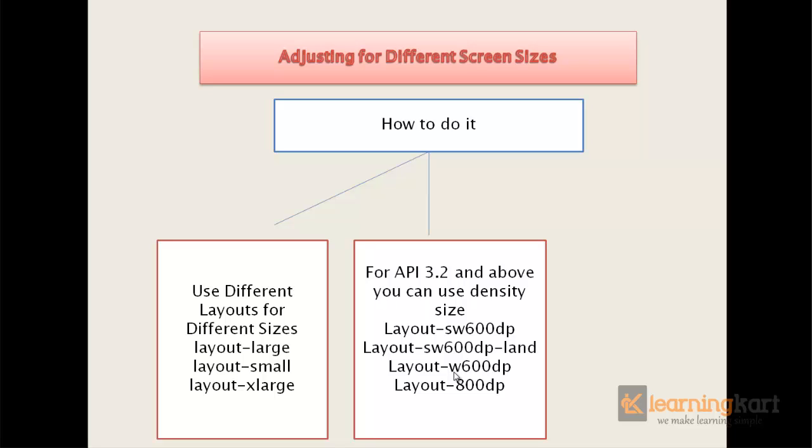Now in case it is portrait, it will show up similar to shortest width, but if the mobile is in landscape position, then the width will change, and the height of the device will be taken as the current width. Oh, I've just missed out the W here, so you can add W here also.